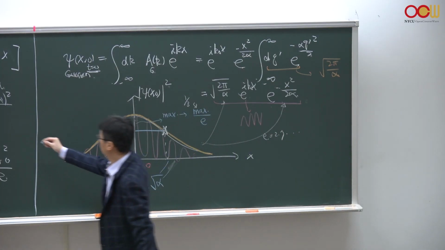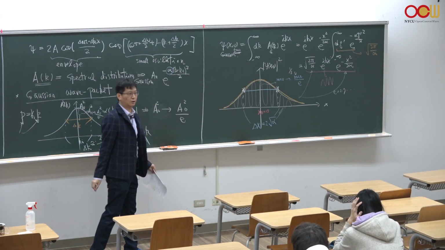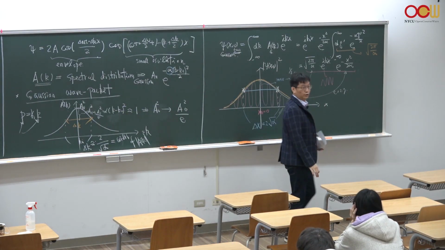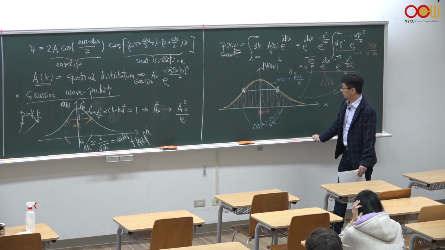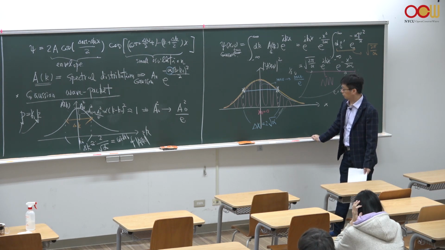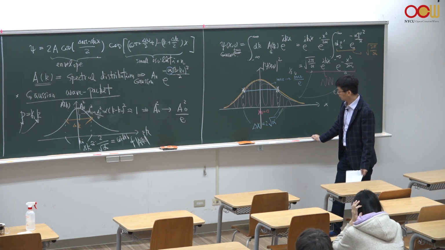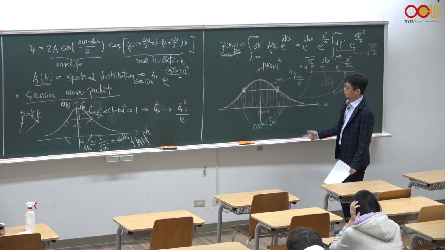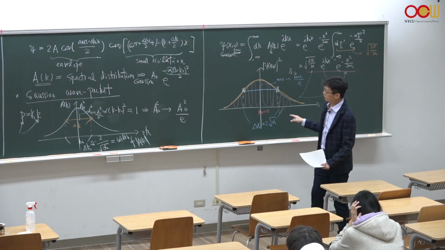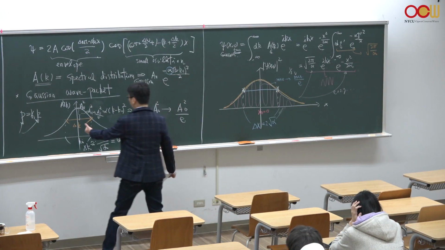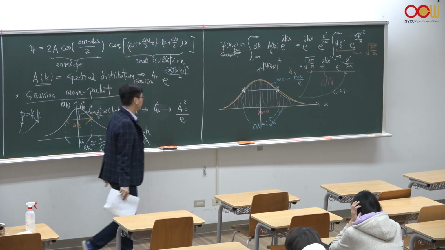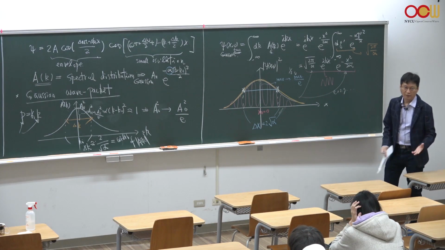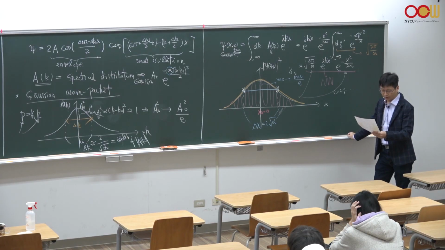Remember, this alpha is a prefactor in front of this Gaussian distribution spectral function, and this is the error bar if you want to really know the position of the quantum particle. So you don't know the quantum particle's location up to this error bar. Okay, and you can very clearly see this correspondence between the error bar in k space, delta k, and the error bar in real space, delta x, because they have to satisfy this Heisenberg uncertainty relation.